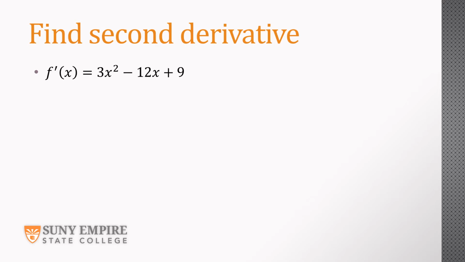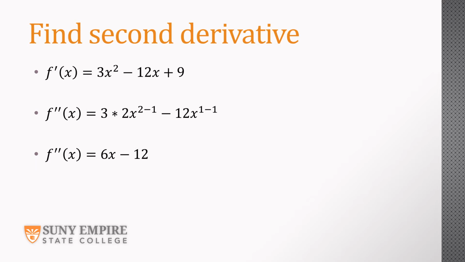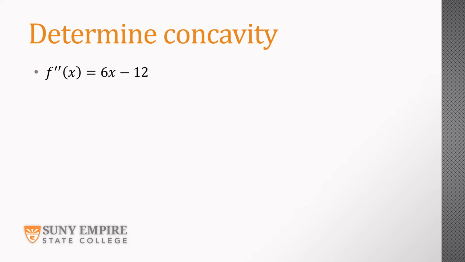Next, we will find the second derivative. We had the derivative equal to 3x squared minus 12x plus 9. When we take the derivative of that function, we are left with 6x minus 12. Our last step before actually graphing is to determine the concavity at each of the x values that result in local extrema.